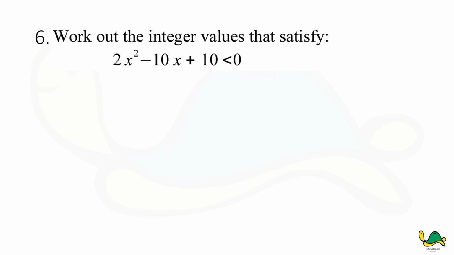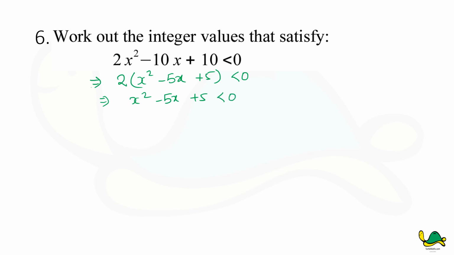So here I will first try to simplify it. I have got 2 negative 10 and positive 10. It means I can divide this entire inequality on both sides by 2, which will give me x square negative 5x plus 5 is less than 0.